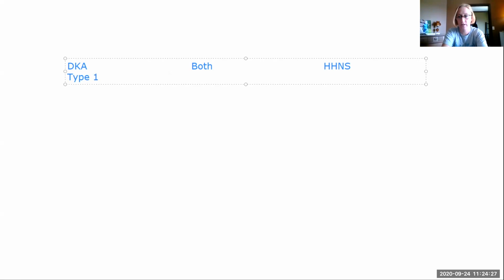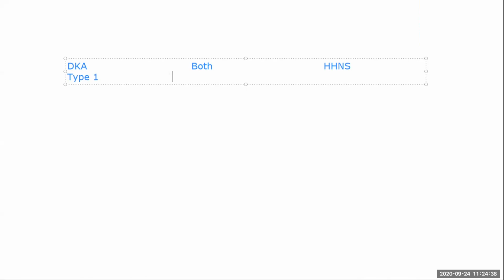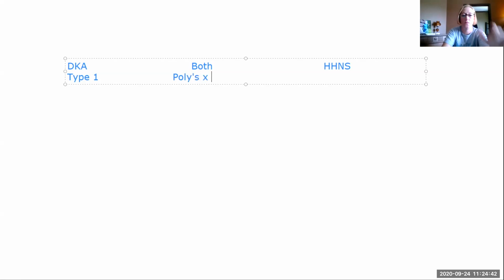That we already mentioned. Those three things. Polyuria, polyphagia, polydipsia. Yeah, so our polys. That there. And then our HHNS is our type 2.